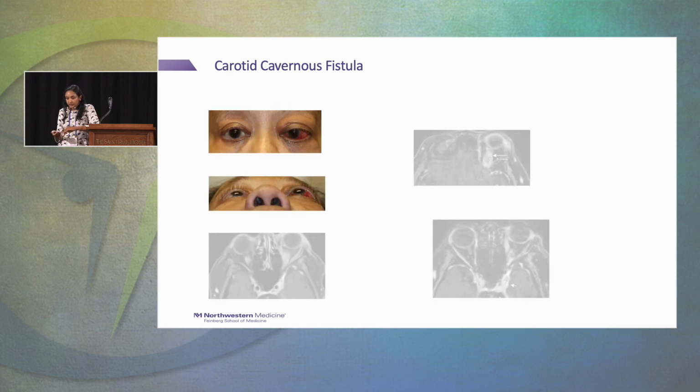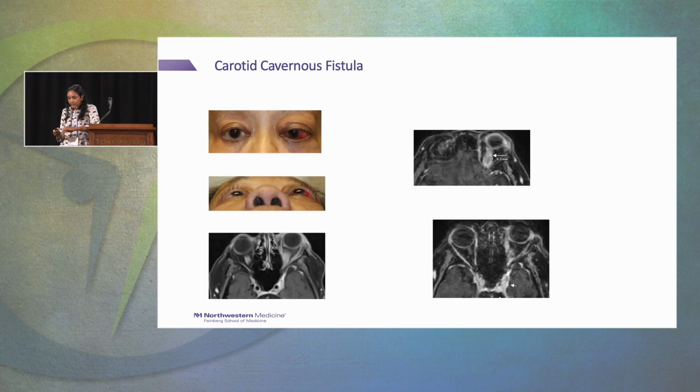Another bad player that can cause acute orbital compartment syndrome is carotid cavernous fistula. This is a patient who presented with eye redness and pain, and her initial scan was not noted to be particularly remarkable until we noticed that she had this kind of abnormal appearance to her cavernous sinus.